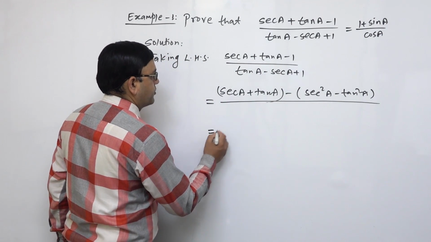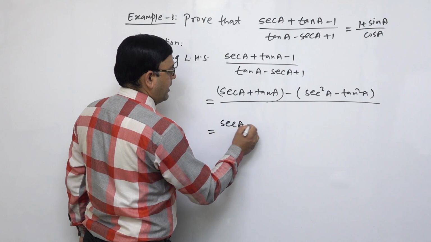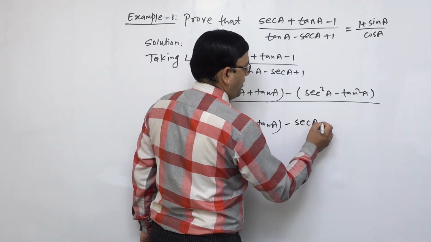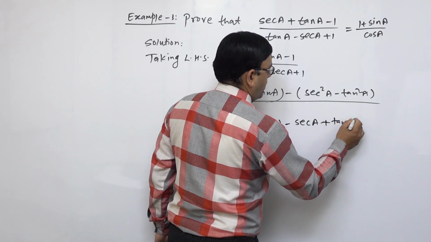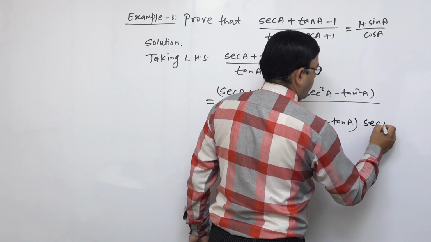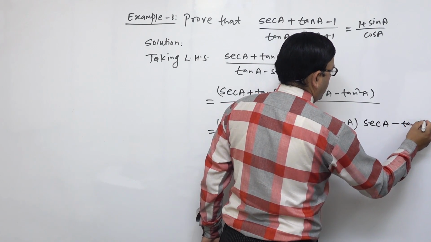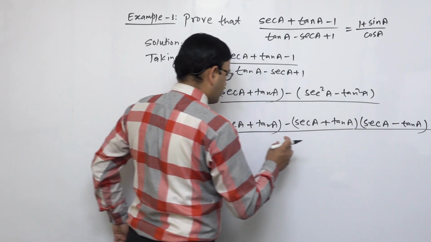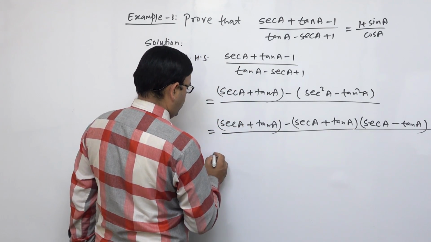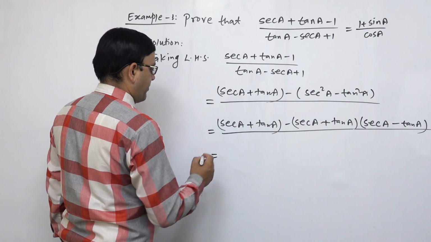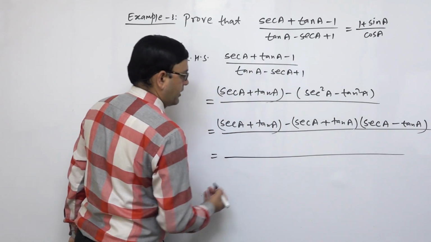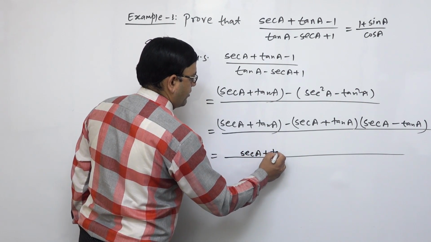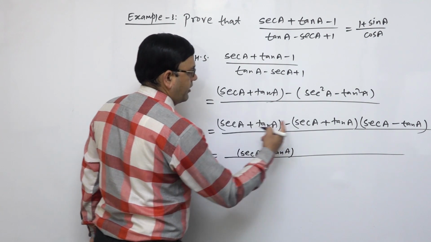So now this is equals to, we have here sec A plus tan A minus sec A plus tan A times sec A minus tan A whole divided by, here also हामी केही छिनपछि लेख्छौं। तपाईलाई यो कुरा यसरी गर्नुभयो भने एकदम इजी हुन्छ। हेर्नुस् है, यी दुईटामा कमन के आउँछ, sec A plus tan A, we can take common here and here.